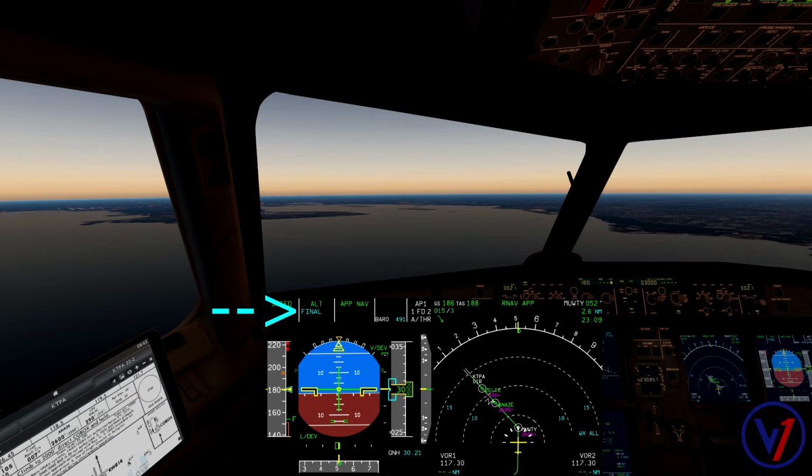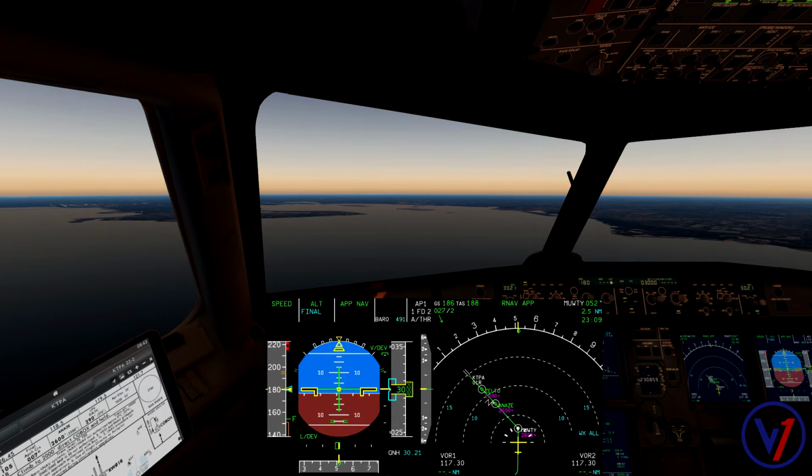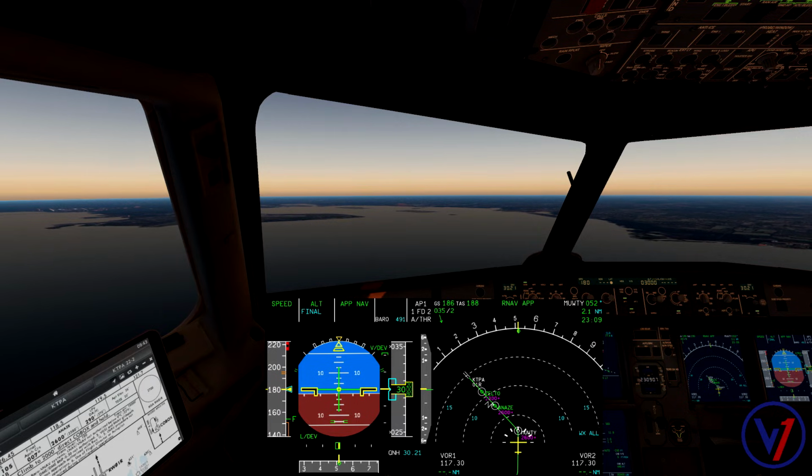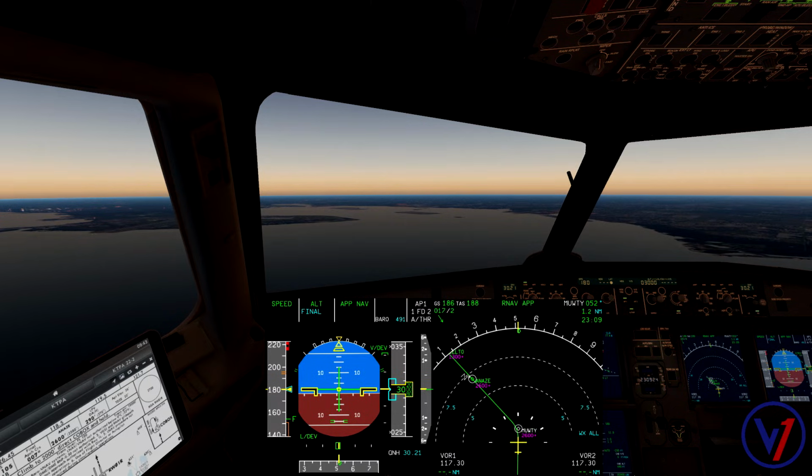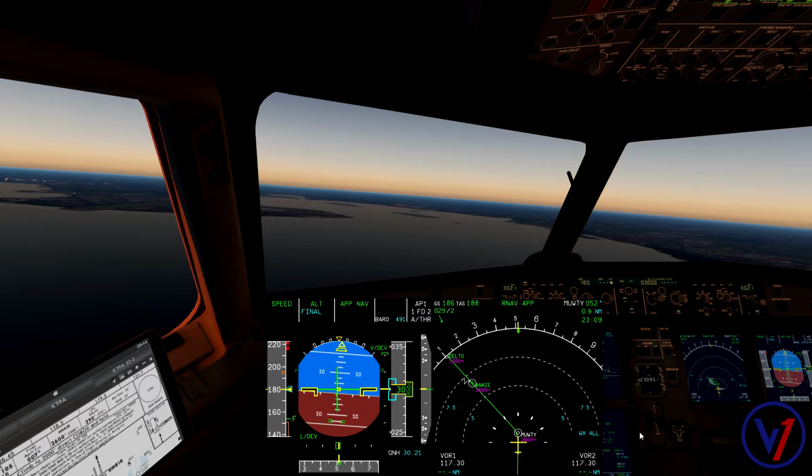Once we are completely captured up, we should get what's called FINAL APP, short for final approach, which indicates that the aircraft is fully captured up with both LNAV and vertical navigation. All right, we're getting ready to turn on to the final approach course here.